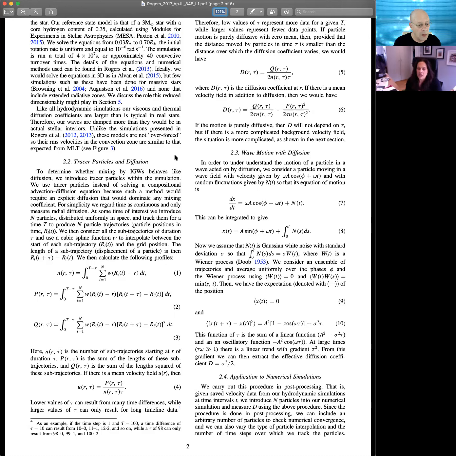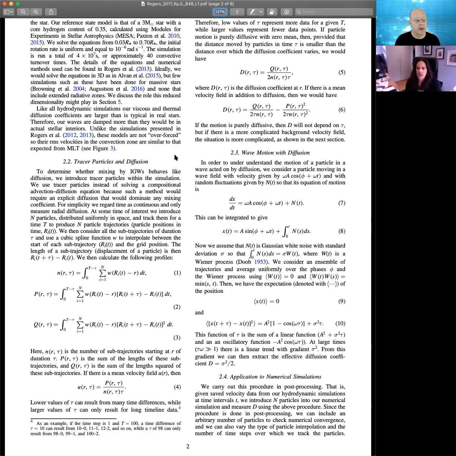And you consider all time differences. So if you have 100 time steps, you consider 10 to 0, 10 to 9, 10 to 8, all the different time differences, and you calculate the trajectories of the particles for all those different time differences. And you come up with a displacement and eventually a diffusion coefficient by those equations 1 through 6.